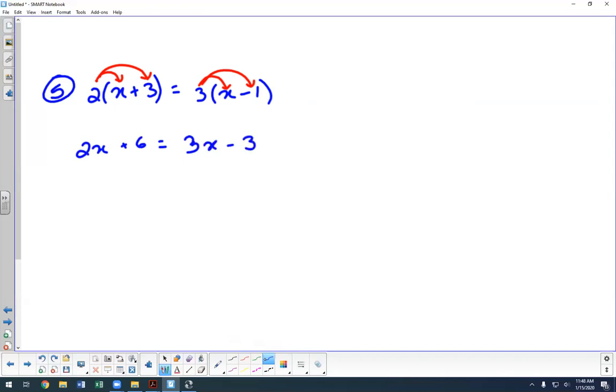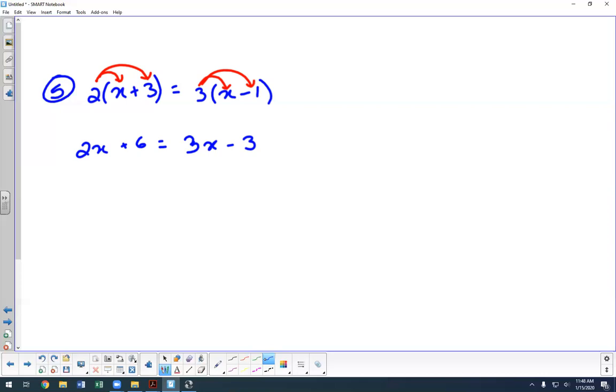How come on the left side it's +6, on the right side it's -3? Why don't you switch your... no, because right now I'm just multiplying that 2 inside my parentheses. So it was the 2 times positive 3, which gives 6, and 3 times negative 1 is negative 3. Okay. Yeah, so right now we haven't moved anything, we're just multiplying the numbers on the outside.